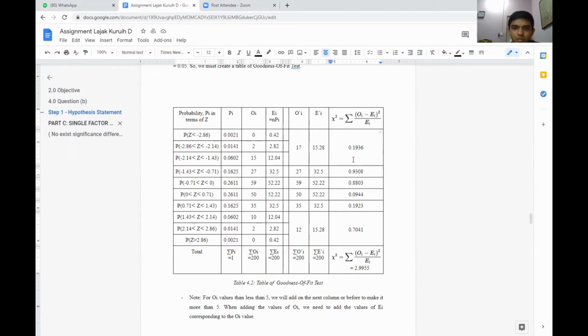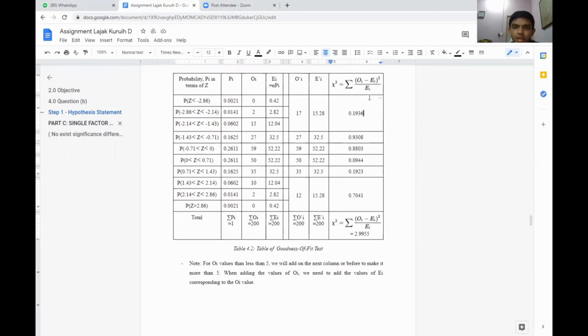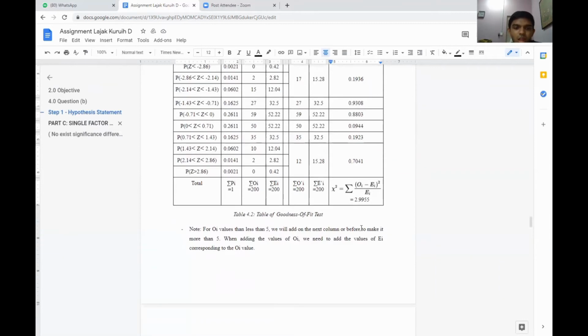So this is the first example that I will be explaining. But the steps are the same for all of these. Okay, and then when getting all the goodness of fit test values, we will add all of these and then we will get one value which is 2.9955 in my set D question.